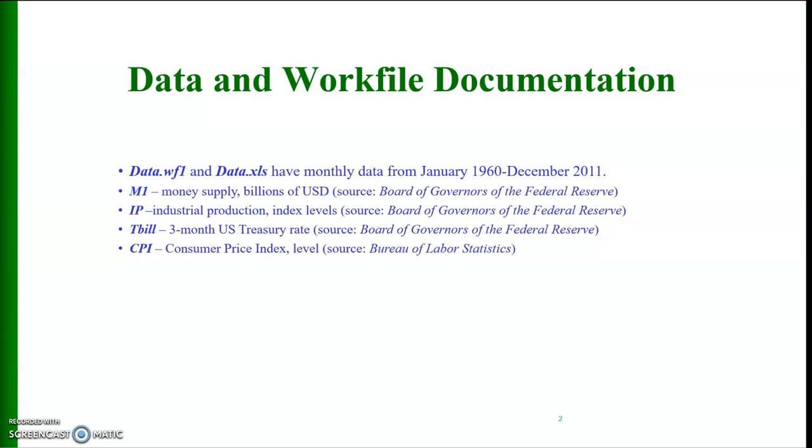The second variable is IP, that is industrial production, and that is measured in index levels. The third variable is T-bill, that is 3-month US Treasury rate, and the final variable is consumer price index level.